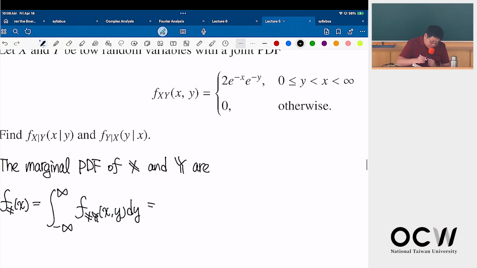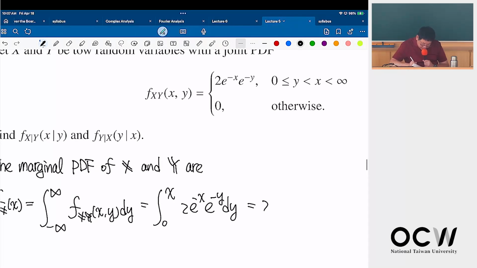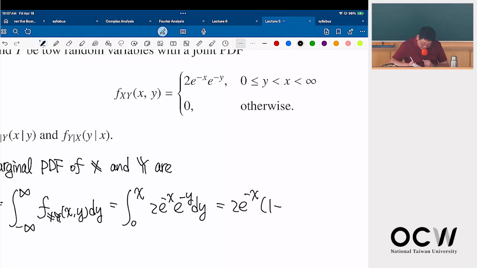So here my integration is from 0 to x, and the joint PDF will be 2 times e to the minus x times e to the minus y dy. So we have 2 times e to the minus x times 1 minus e to the minus x.